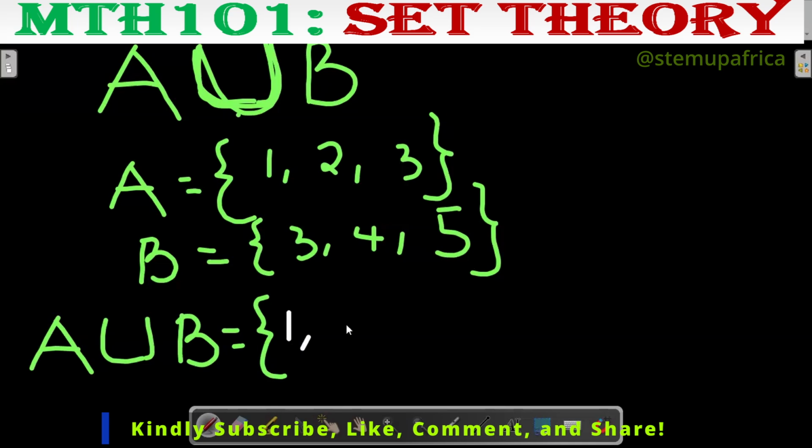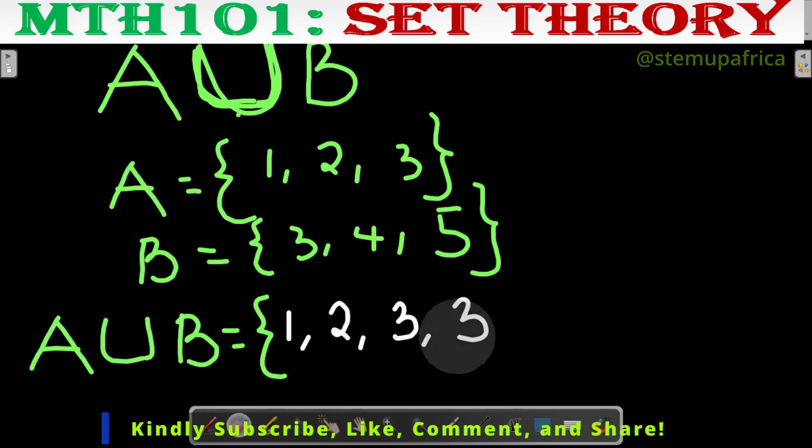I want to combine all the elements in A and B. After 1, what do I see next? I see 2. After 2, what do I see next? It is 3. We don't say 3, 3. That's why I say don't repeat any. It is wrong for me to write 3, 3. You combine all the elements without repetition.